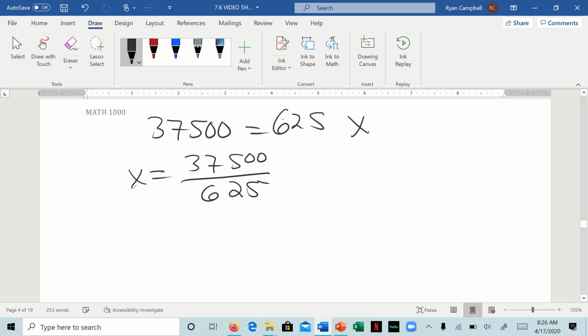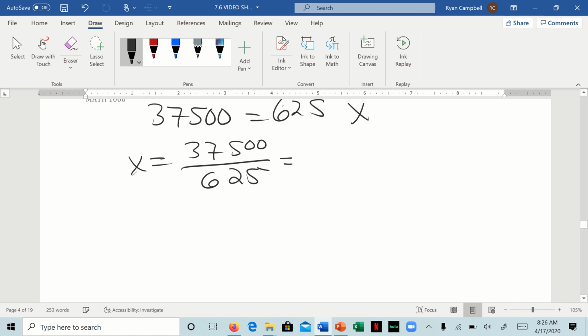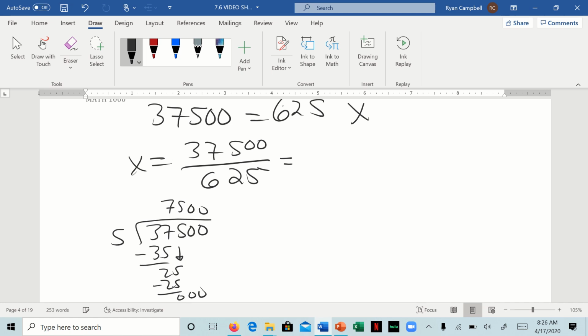All right, so how can we simplify that? Well, we definitely know that we can just divide it out. We can also try to break it up. The top and the bottom can be divided by 5, right? So we divide the top by 5, which would be 7,500, because that's just 25 and then zeros.